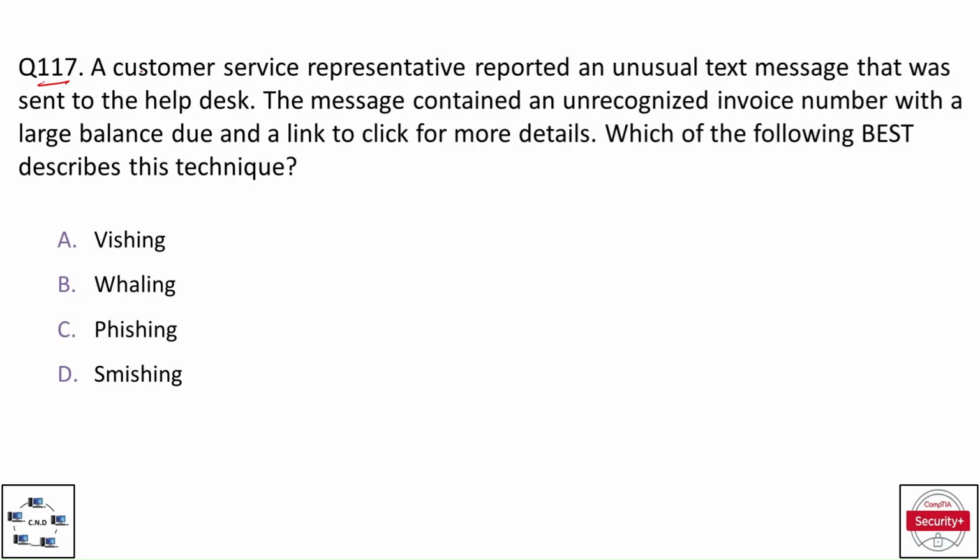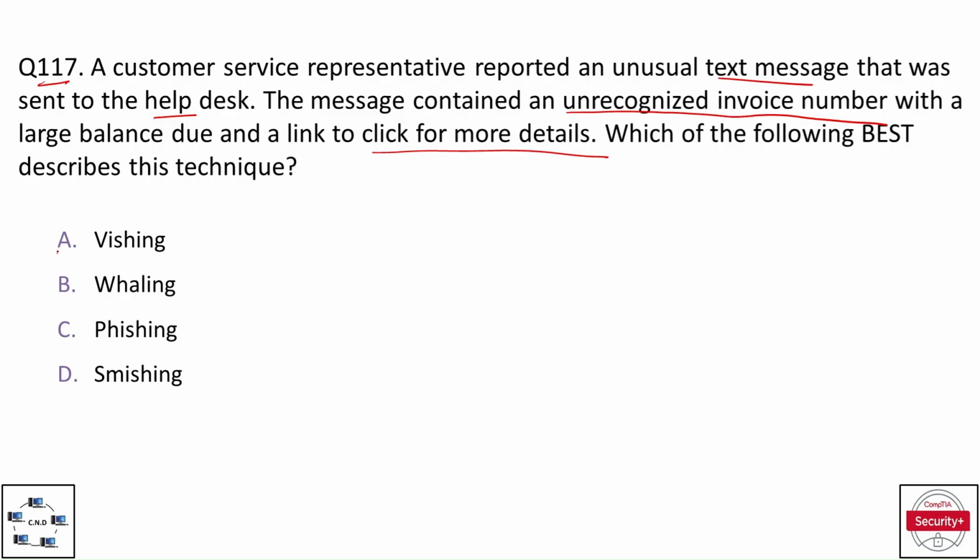Question number 117. A customer service representative reported an unusual text message that was sent to the help desk. The message contained an unrecognized invoice number with a large balance due and a link to click for more details. Which of the following best describes this technique?